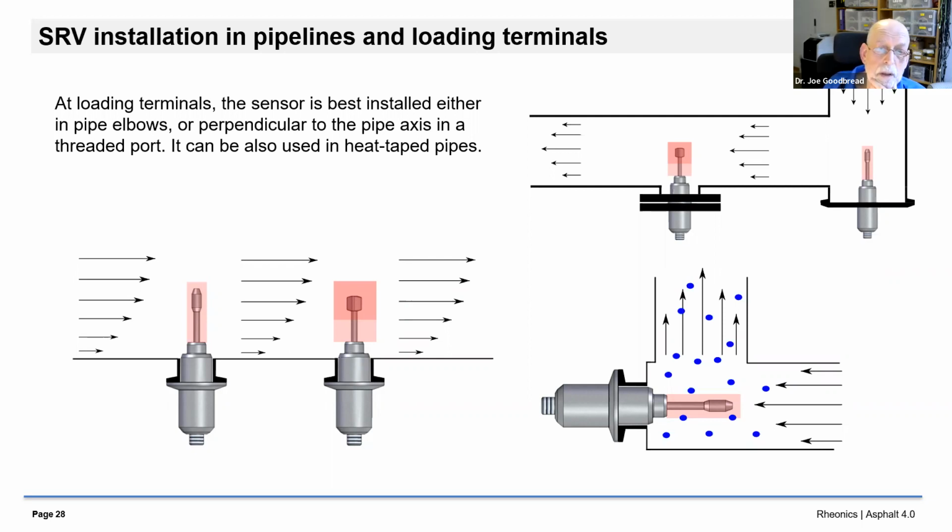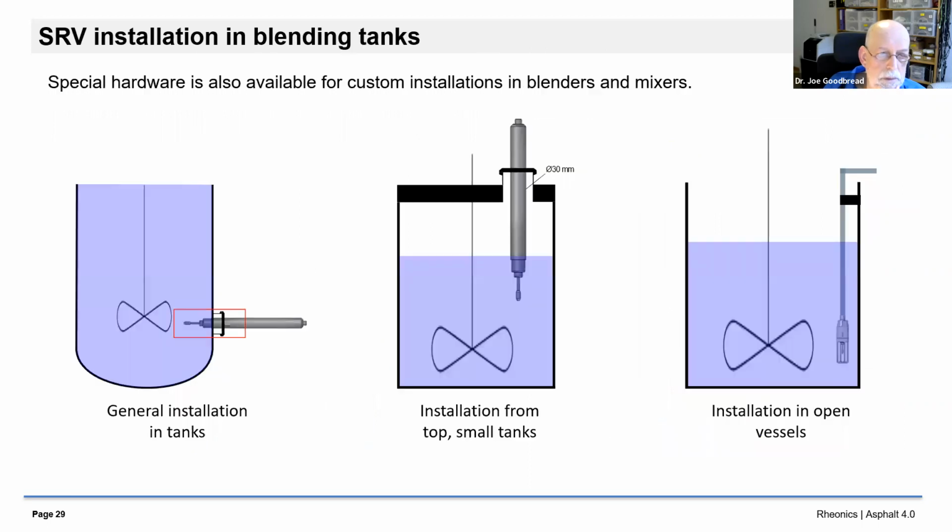And you can put it on flanges. There are different sorts of flanges available for mounting. And the important thing is that you have freely flowing material that surrounds the sensor, so you get good material exchange. And what the sensor is reading is representative of the main flow.